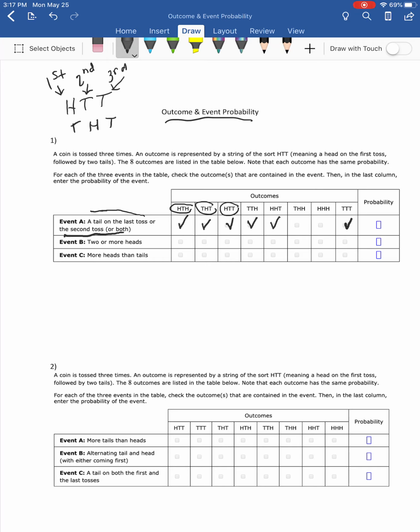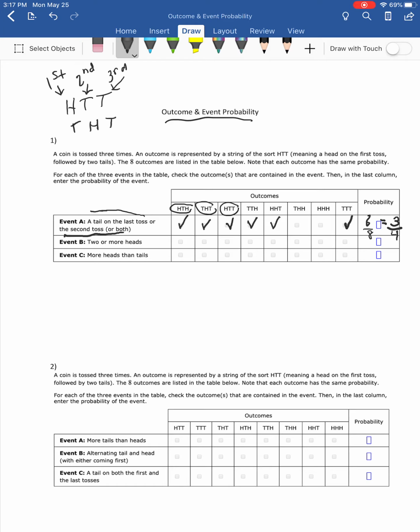And this one is going to work because it has it on both. Okay, so the probability of getting what we checked off is we have 6 favorable out of 8 total. So the probability is going to be 6 out of 8, which when we simplify is 3/4.